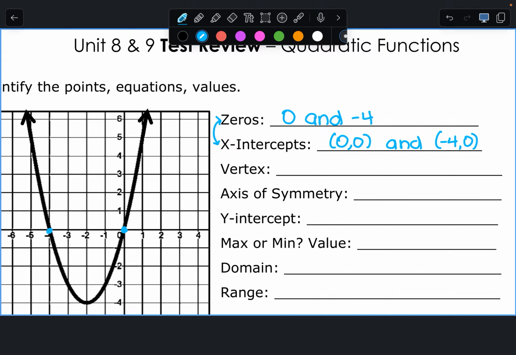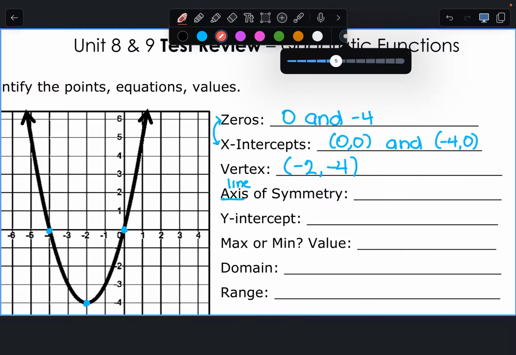What's your vertex? (-2, -4). It's the peak or the valley. It's where it starts to turn. Now, the axis of symmetry is also known as the line of symmetry. What type of line? A vertical line. Where does it go through? The vertex.